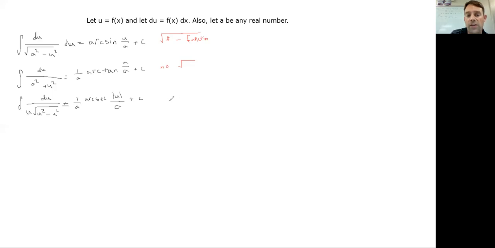Whereas arcsecant, it's always going to be function minus number. It's not that there's a number out in front of the radical. We're going to see that sometimes there's not, actually, and we have to end up creating it. But it's what happens underneath the radical. If it's number minus function, it's arcsine. If it's function minus the number, then it's arcsecant. And if there is no radical, no square root, then it's arctangent.